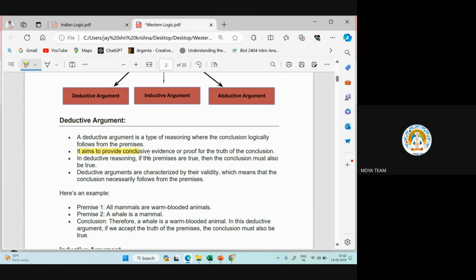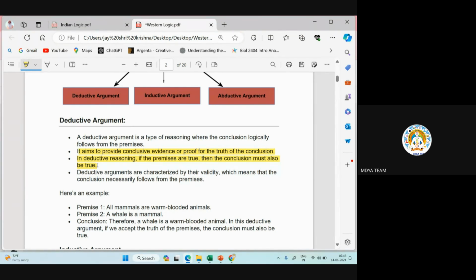It aims to provide conclusive evidence for the truth of the conclusion. In deductive reasoning, if the premises are true, then the conclusion must also be true. Very much important. In deductive reasoning, if the premise is true, then the conclusion must be true.